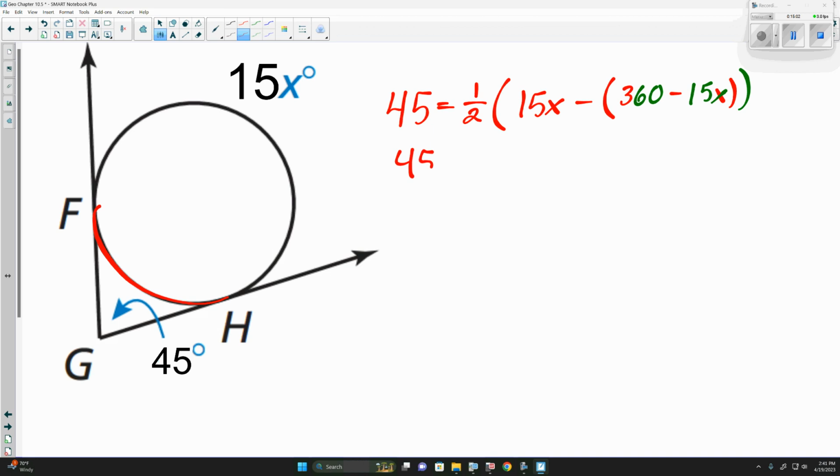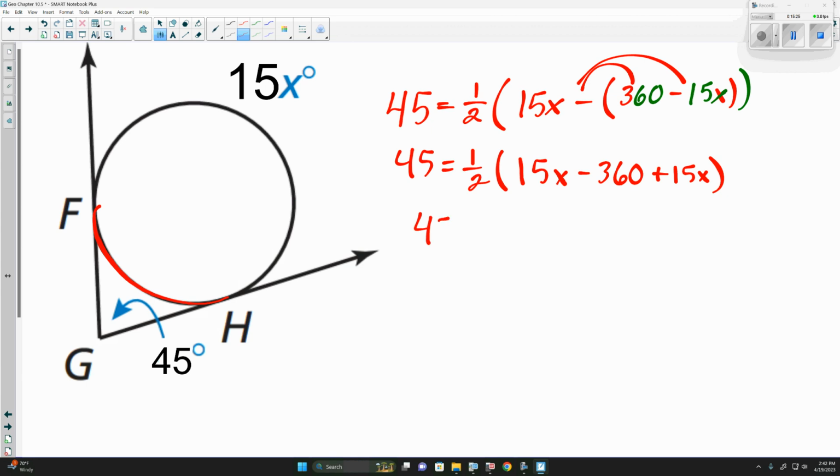So before I multiply both sides by 2, I want to resolve the other set of parentheses inside this here, because we would need to distribute this negative. It will make the 360 negative, and the negative 15x becomes plus 15x. 15x plus 15x is 30x, and 360, both divisible by 2?